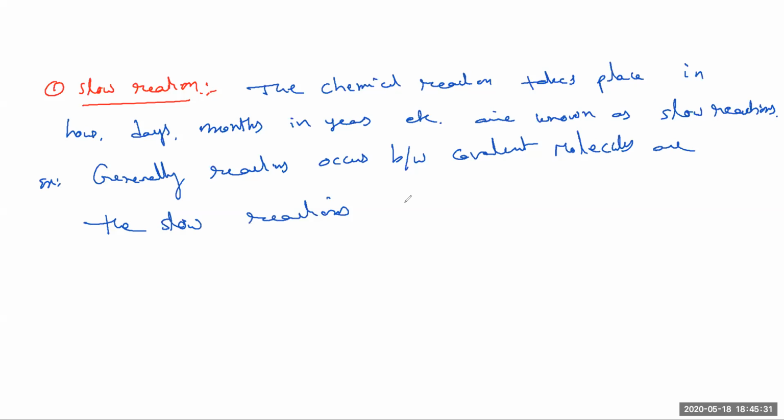Here, because bonds have to break and new bonds have to form, that is, bond rearrangement, the reactions are slow. So old bonds have to break between the reactants and new bonds have to form on the product side.